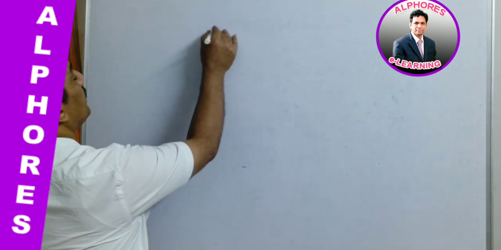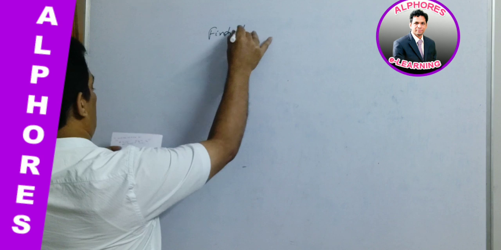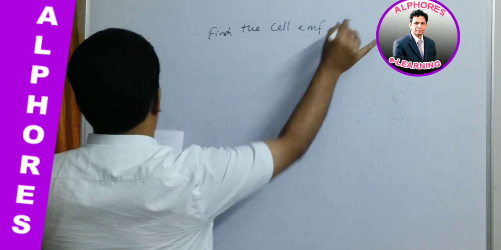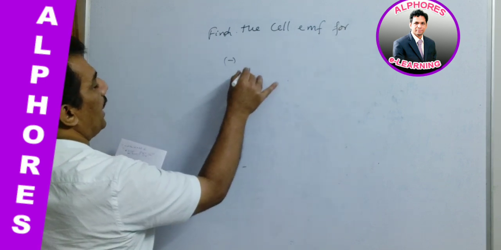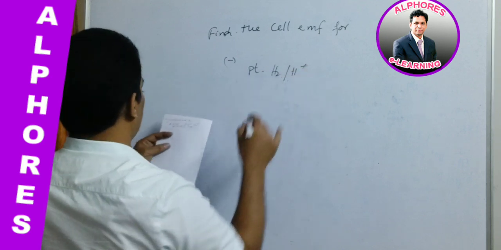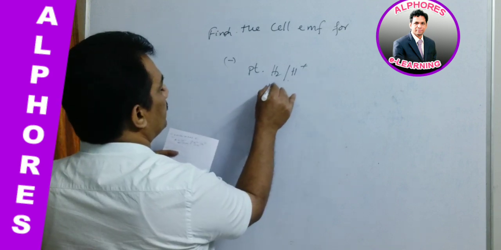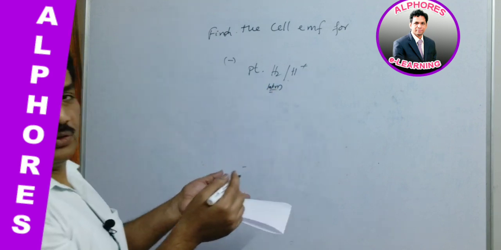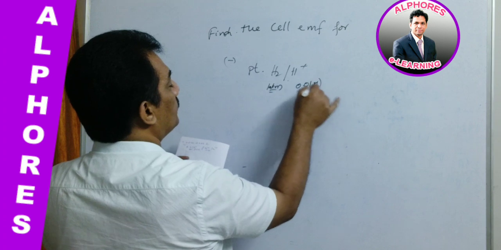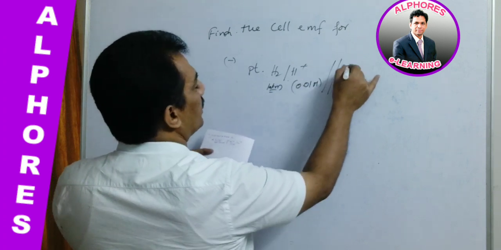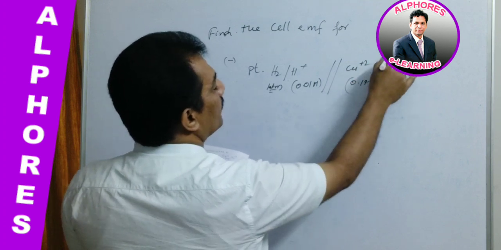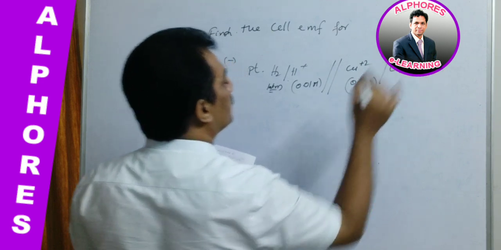And here let me give that question. Find the cell EMF for platinum, H2, H plus. The pressure is 1 atmosphere, which is given, but we are not going to use it because it is 1 atmosphere. The concentration of H plus is 0.01 molar, and it is connected with Cu plus 2, whose concentration is 0.1 molar, Cu. Clear?